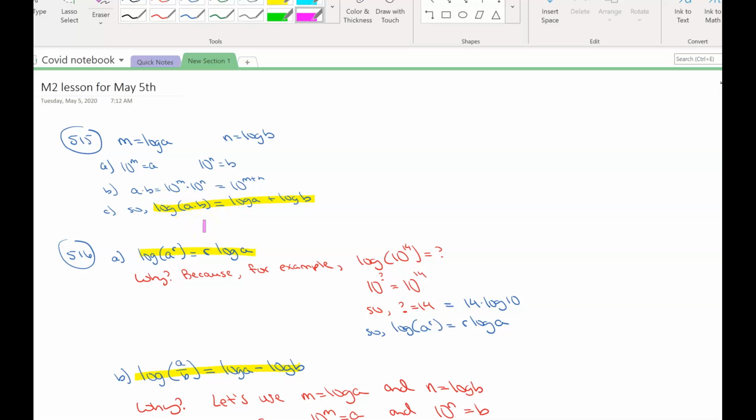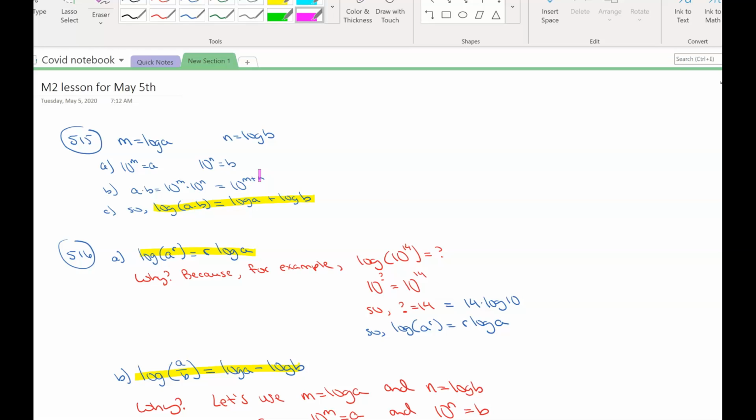And the reason why is because of this up here. We just walked through it, right? You saw here that 10 to the M, which is A, times 10 to the N, which is B, equals 10 to the M times 10 to the N, which means 10 to the M plus N.